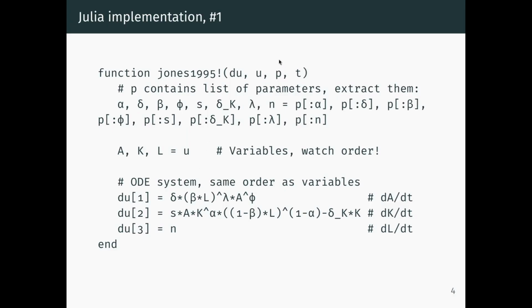And the third input parameter to this function is a list of parameters p, and for simplicity we extract all these parameters that are contained in this list to separate symbols, to separate variables, such that we can use them by their simple name in the differential equations below, and you'll see in a minute why.